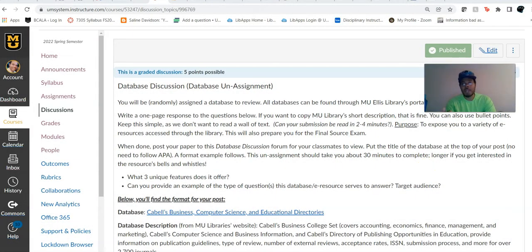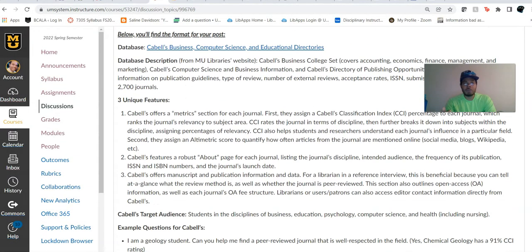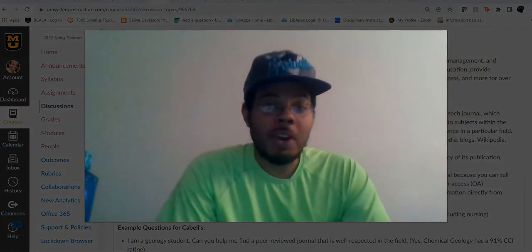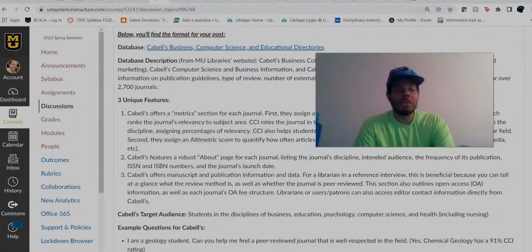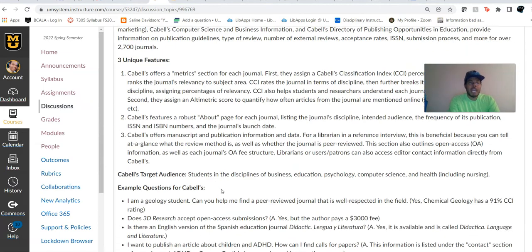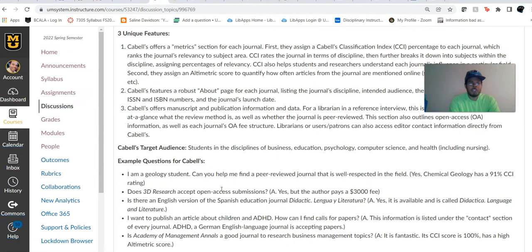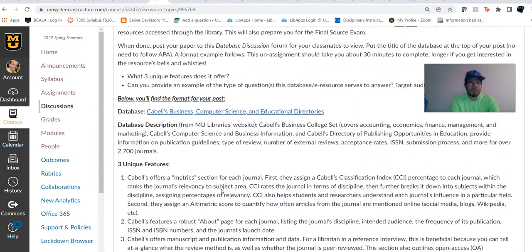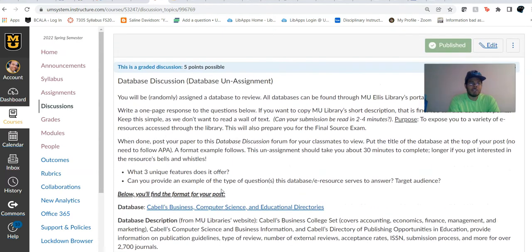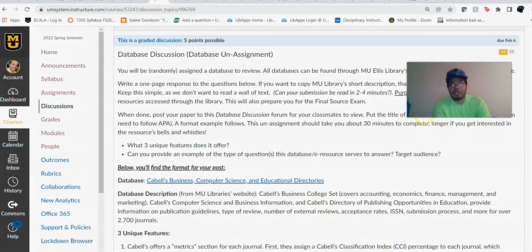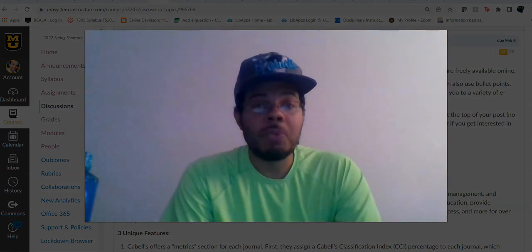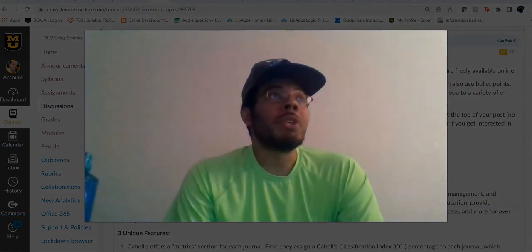But what I would really like for you all to do, especially if you are interested in being a reference librarian, is to go ahead and just take a look at the work that your classmates have done related to these databases. For one thing, that is actually going to help you with the semester-long project.